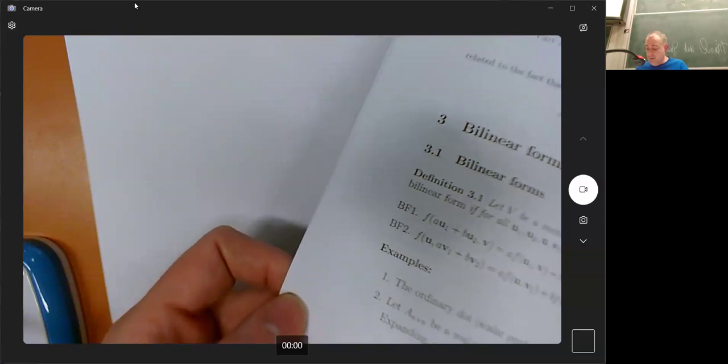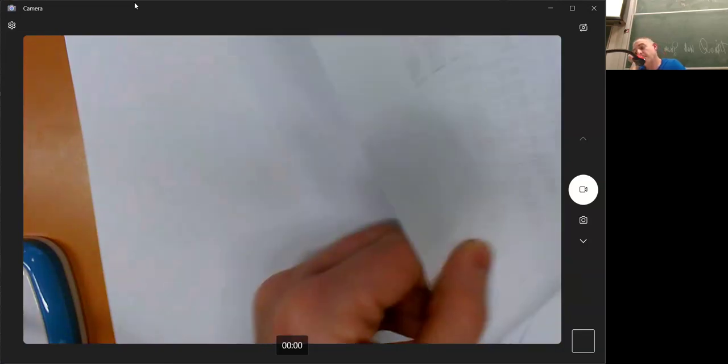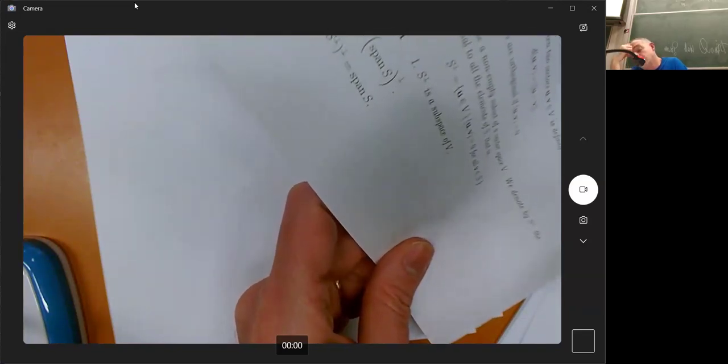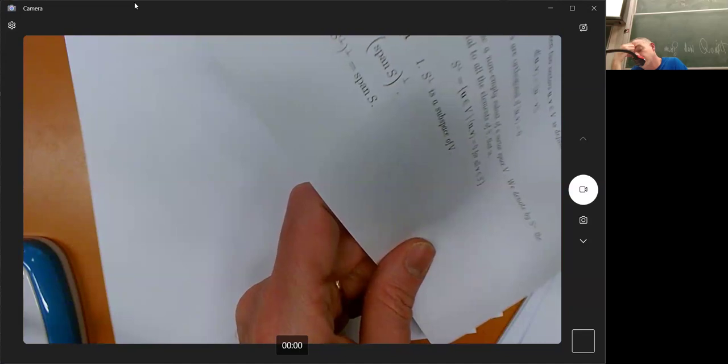Well, the other thing was bilinear forms and various other things. Bear with me.